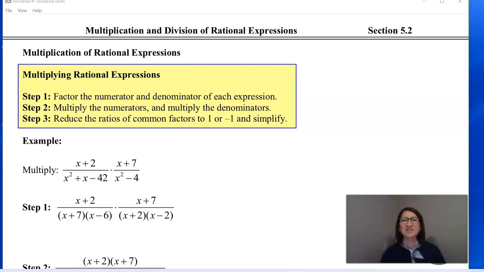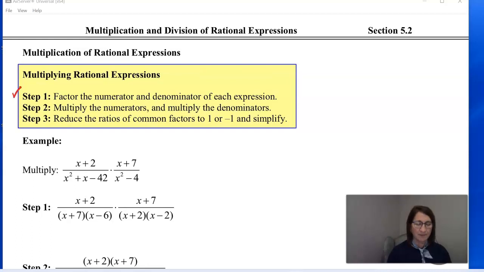So we're going to cover section 5.2, which is multiplication and division of rational expressions. Rational expressions are really just fancy fractions. That's all they are. So when we're multiplying rational expressions, we're going to use the same principles that we use with regular fractions.